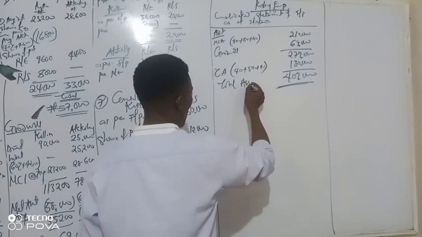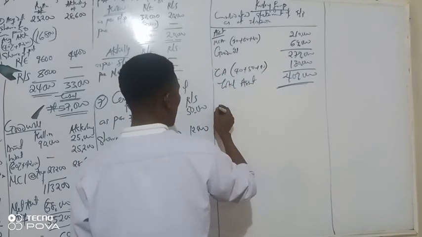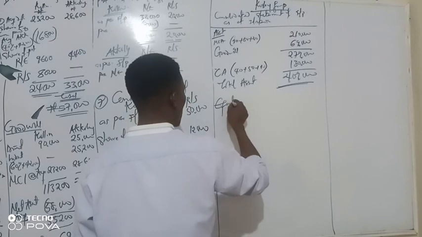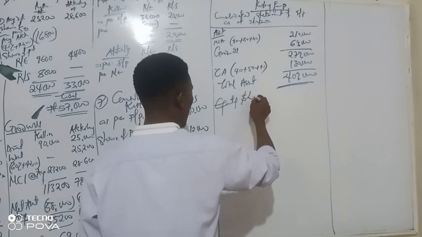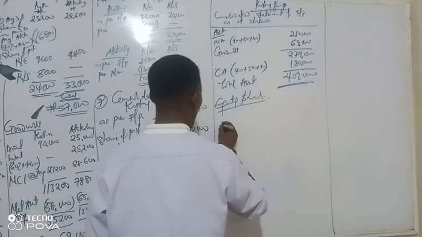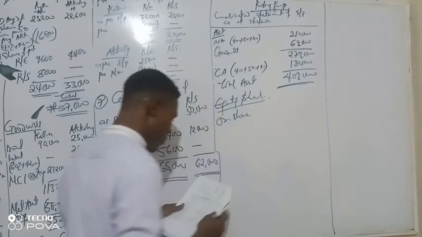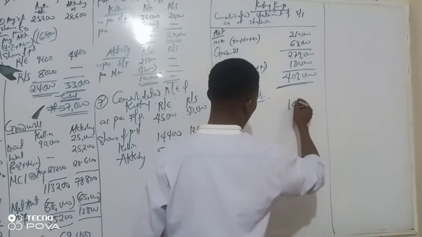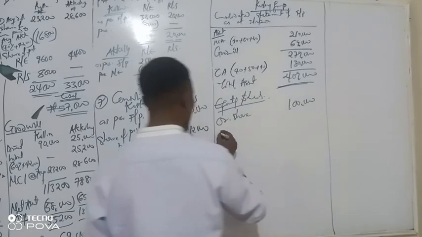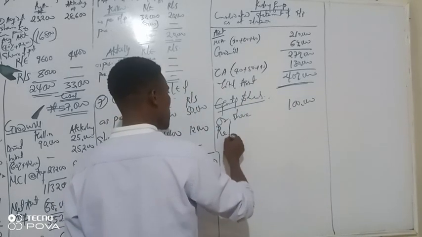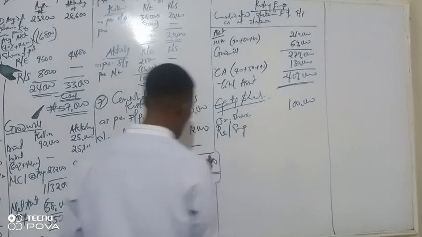So our equity, what do we have? Ordinary share of 1 naira each, 100,000. Then our revaluation surplus 62,000.